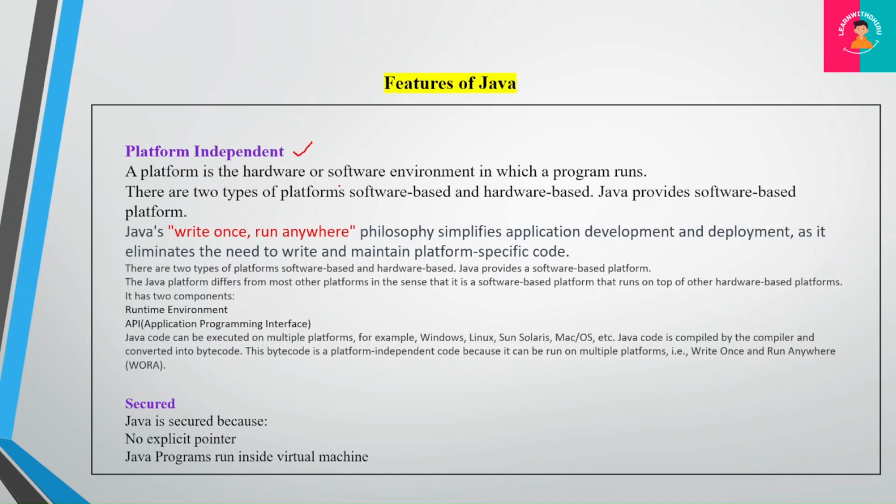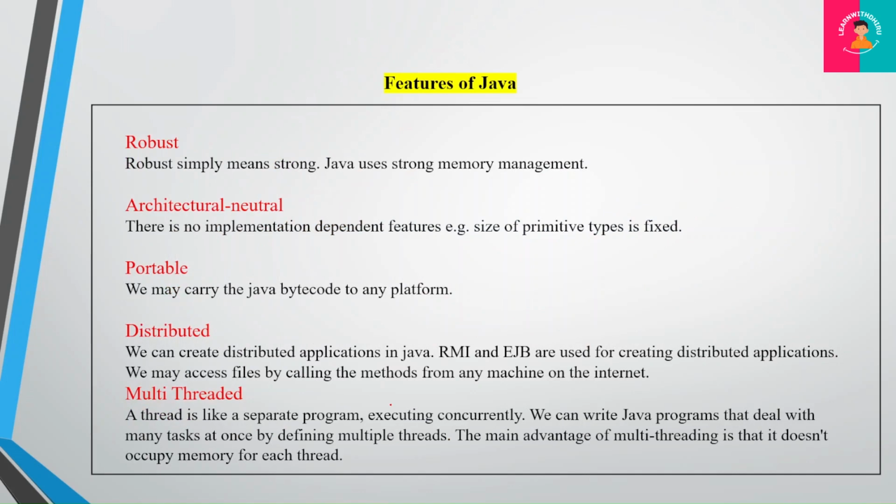A platform is the hardware or software environment in which a program runs. There are two types of platform: first one is software based and the other hardware based. So in Java you write the code once and you can run it anywhere which has the JVM. It is also secure, it does not use explicit pointers, and Java runs inside the virtual machine.